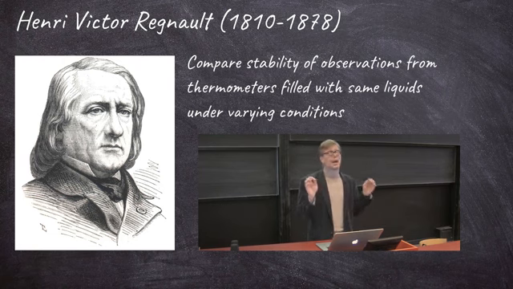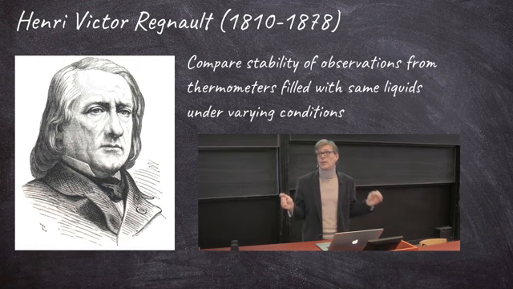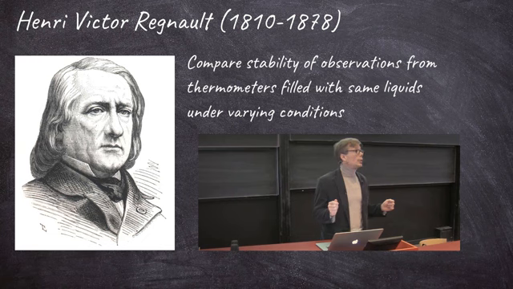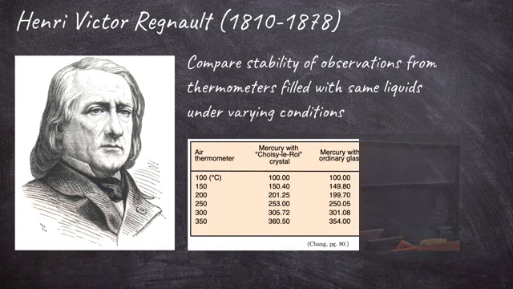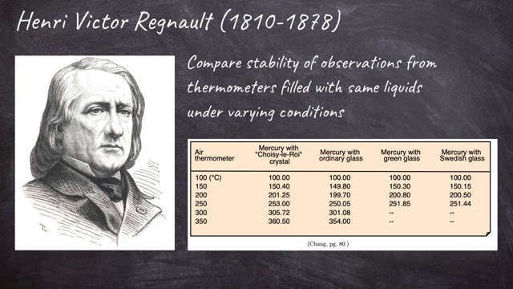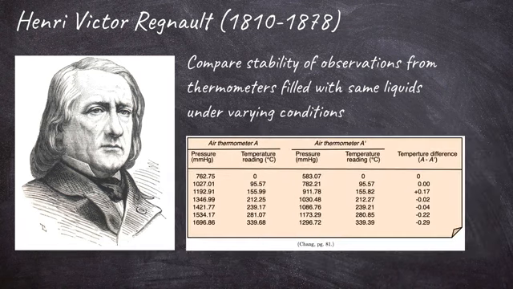By minute variations in the respective setup of the temperature measurement, he showed that some thermometers filled with some liquids varied enormously, while others varied a lot less. And interestingly, he was rather critical of the mercury thermometer. He compared mercury thermometers that were set up with different kinds of glass, including Swedish glass. And he showed that in comparison to the measurements of the air thermometer, these different mercury thermometers showed substantially different readings.